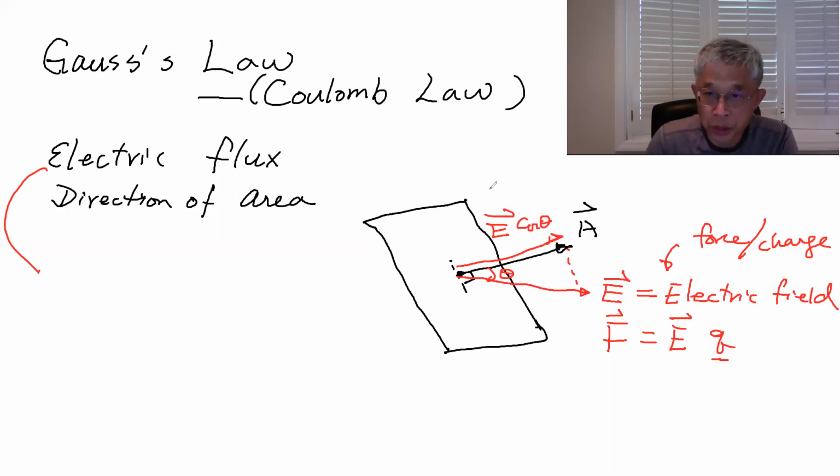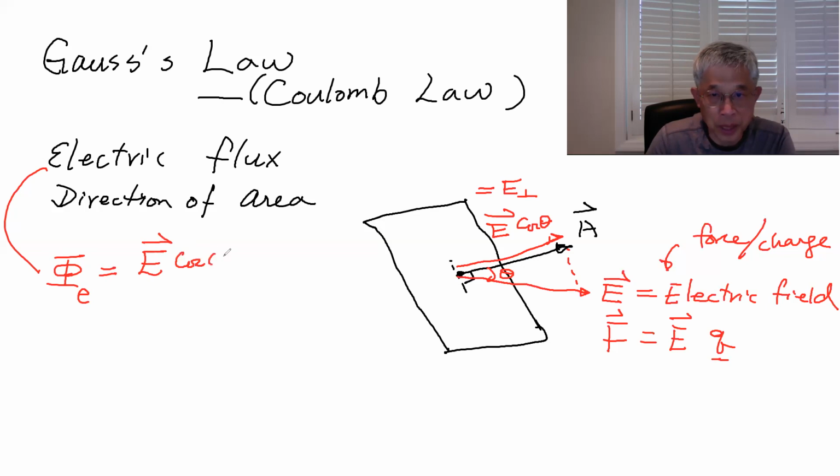You can also call this the E perpendicular, perpendicular to the area. Electric flux, which I'm going to call phi, with the subscript E for electric, is defined as the E vector times cosine theta times A.